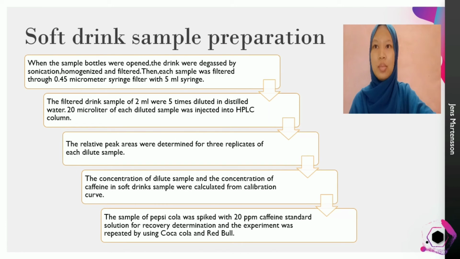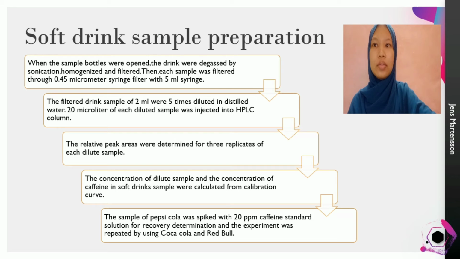When the sample bottles were opened, the drinks were degassed by sonication, homogenized and filtered. Then each sample was filtered through a 0.45 micrometer syringe filter with a 5 ml syringe. The filtered drink sample of 2 ml was diluted 5 times in distilled water. 20 microliters of each diluted sample was injected into the HPLC column.